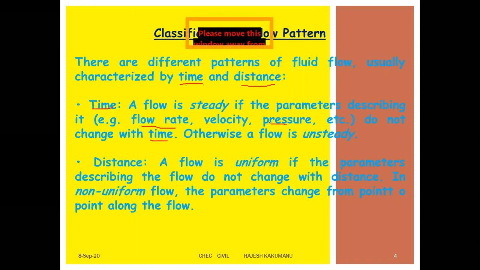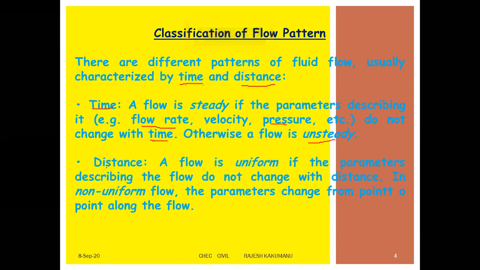Otherwise the flow is unsteady. So the first one is time. A flow is steady if the parameters do not change in time. Parameters that do not change with time, we call a steady flow.